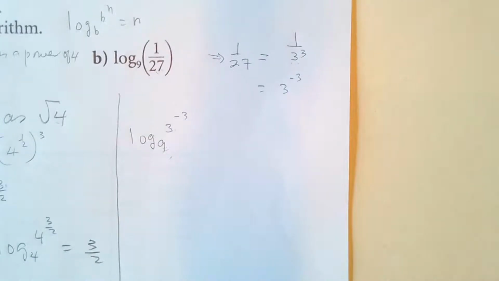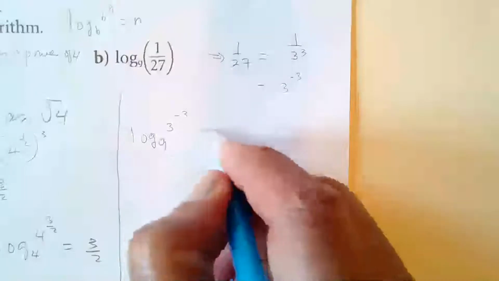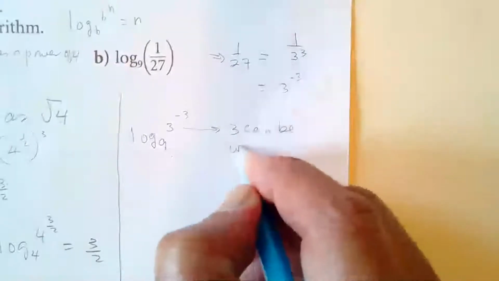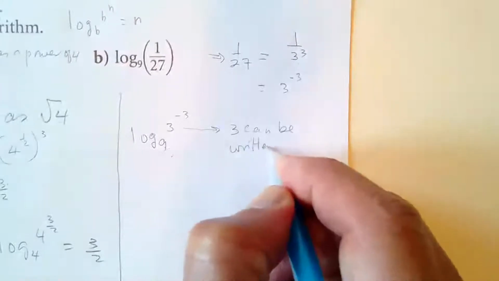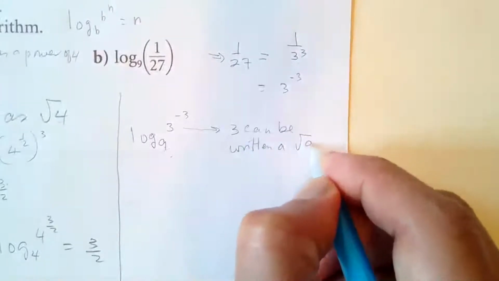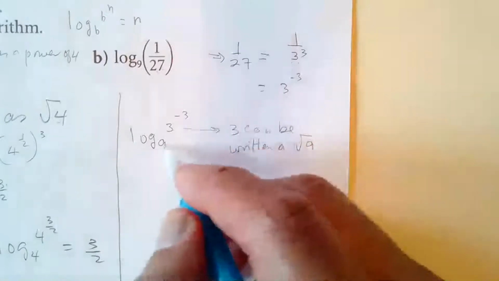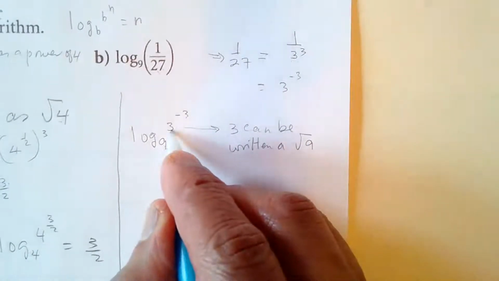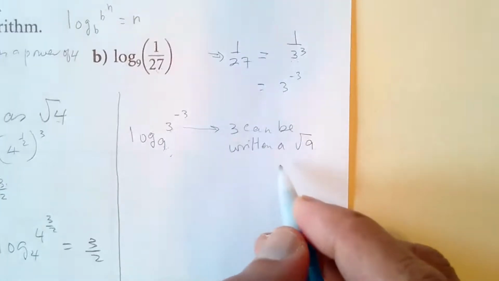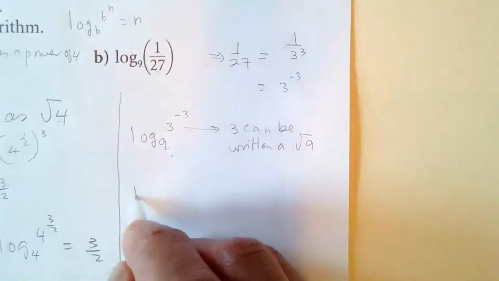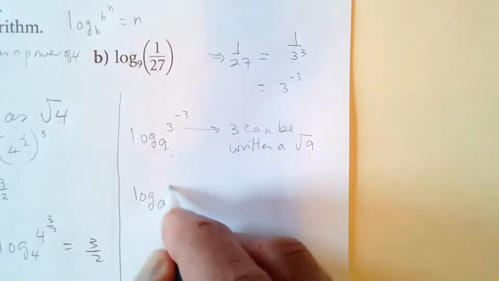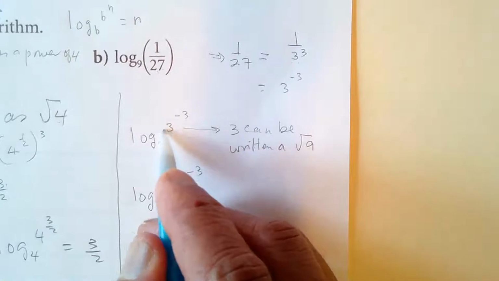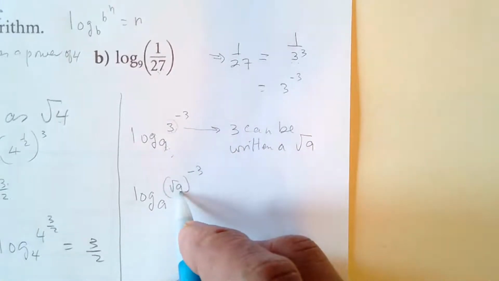So 3 can be written as the square root of 9, and that's how we get around that. So this becomes log base 9 of the square root of 9 to the negative 3. I'm just replacing this 3 with the square root of 9.